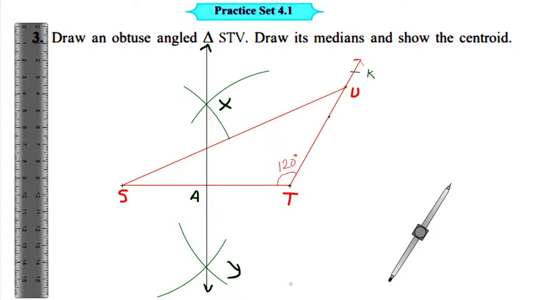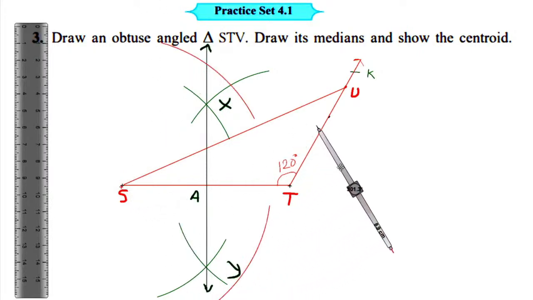Then again, find the midpoint of side SU. Repeat this process, putting the pointed tip of the compass on point S. Take sufficient distance, half and more, and draw the arc on both sides of side SU. Keeping the same distance, put the pointed tip on point U. Draw the arc intersecting the first arc.